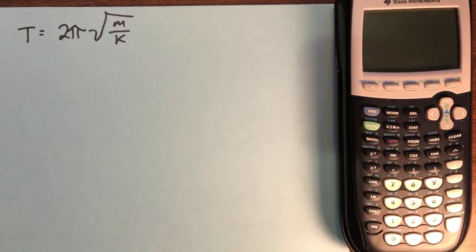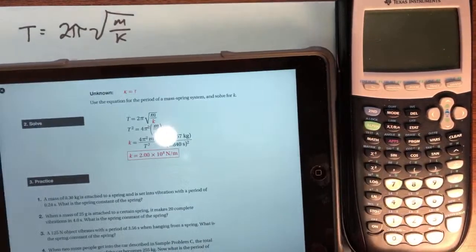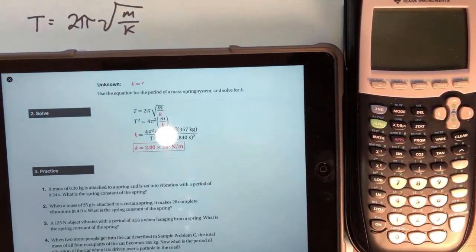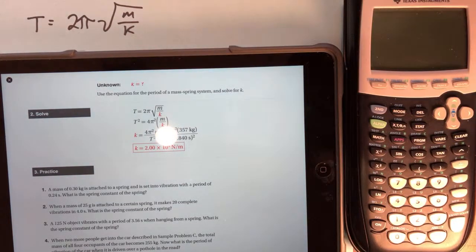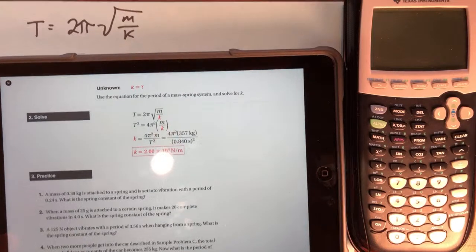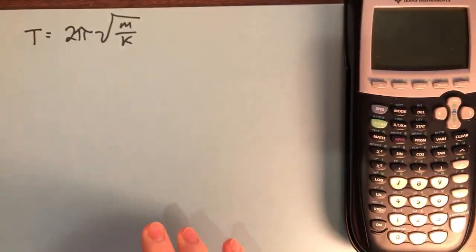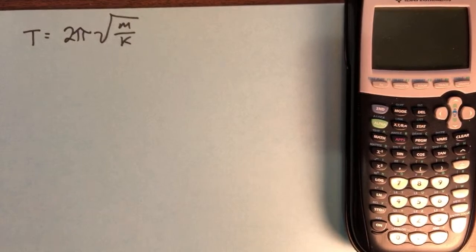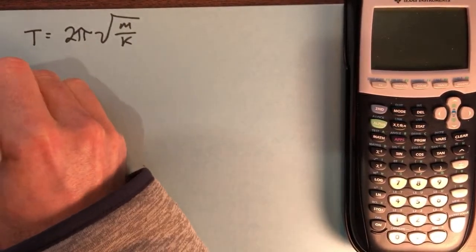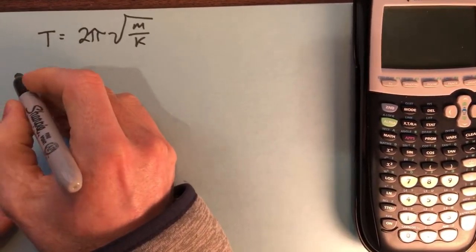For number 2, we have: when a mass of 25 grams is attached to a certain spring, it makes 20 complete vibrations in 4 seconds. What is the spring constant of the spring? This is nice. We have to do a little bit of interpretation before we can actually solve this one.